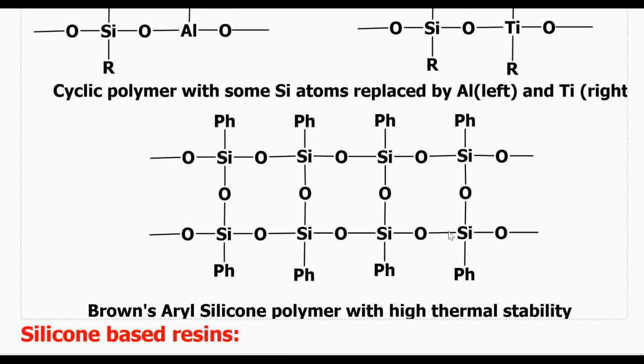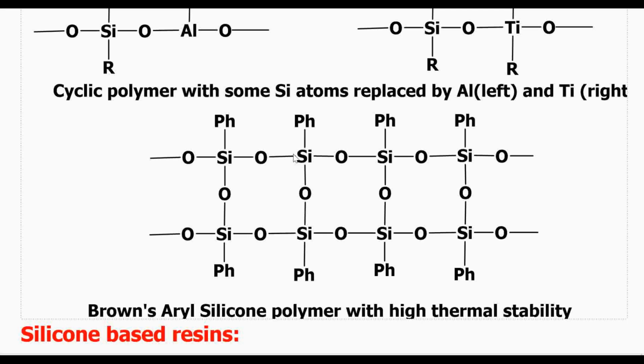Now, it is worthwhile mentioning over here a silicone polymer having maximum thermal stability. This is called Brown's aryl silicone polymer, and here you will see that as such the polymer is the same.